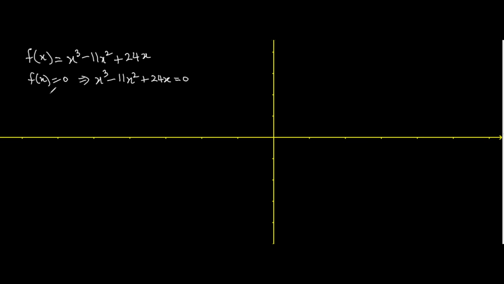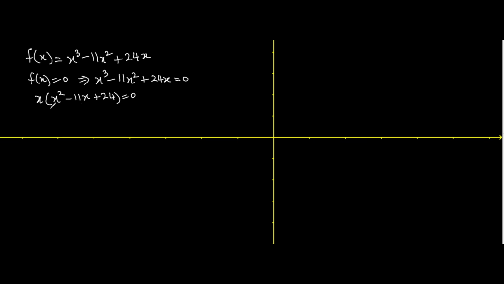So here, when we factor out, we are going to have s outside, and then we have s squared minus 11s plus 24 equals 0. So now we look at the bracket. What we have inside the bracket is a quadratic expression.